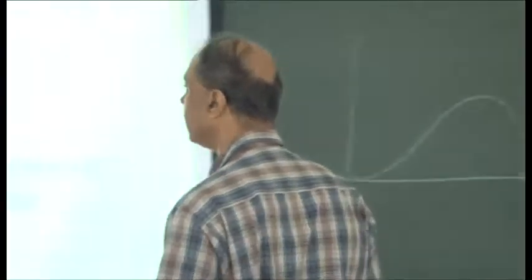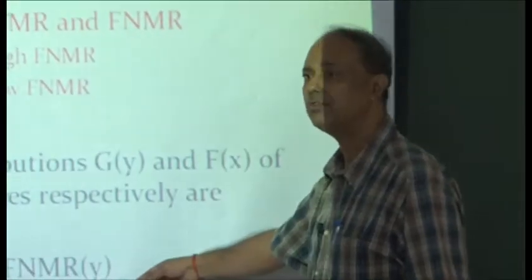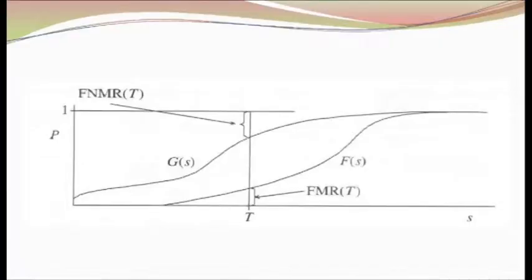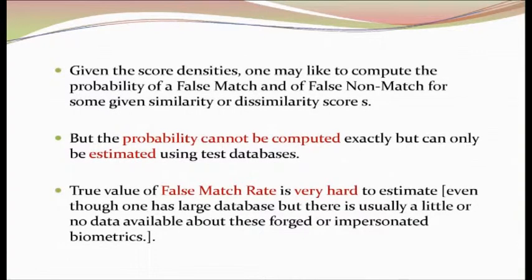Now, the cumulative density function also you can define, right, and if you draw it diagrammatically, the diagram of these two will be like this. This is a simple diagram. So, given the score densities, we would like to know FAR and FRR.